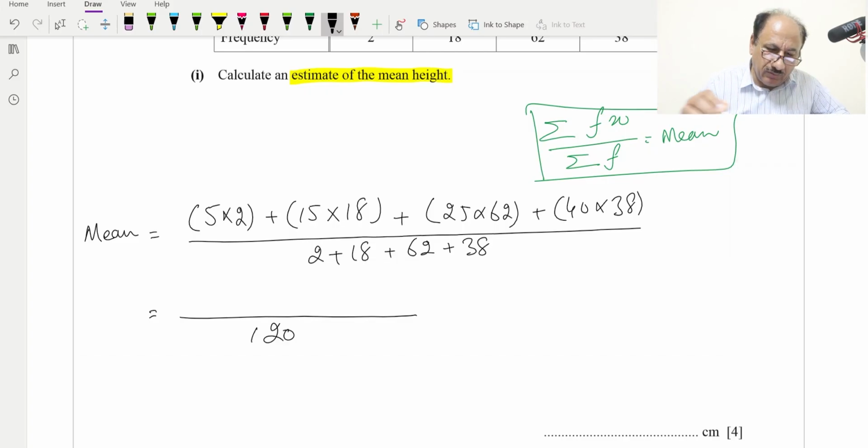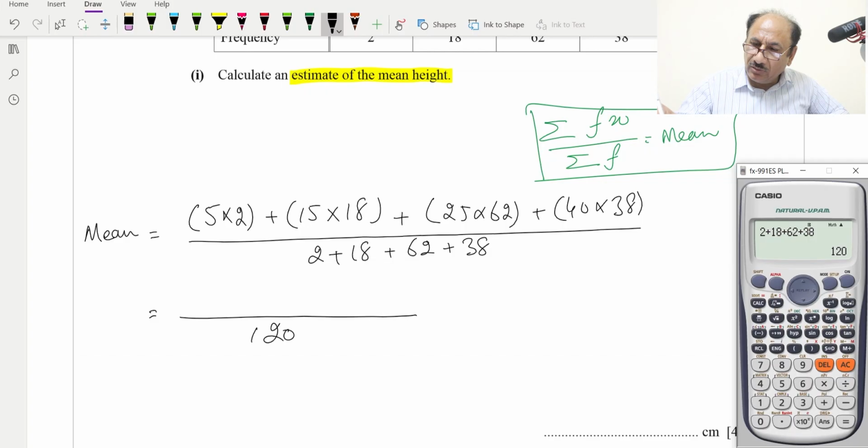The numerator we can separately solve, because this is a lengthier calculation, so we should be careful that there is no mistake. Otherwise we'll have to redo all this lengthier calculation.